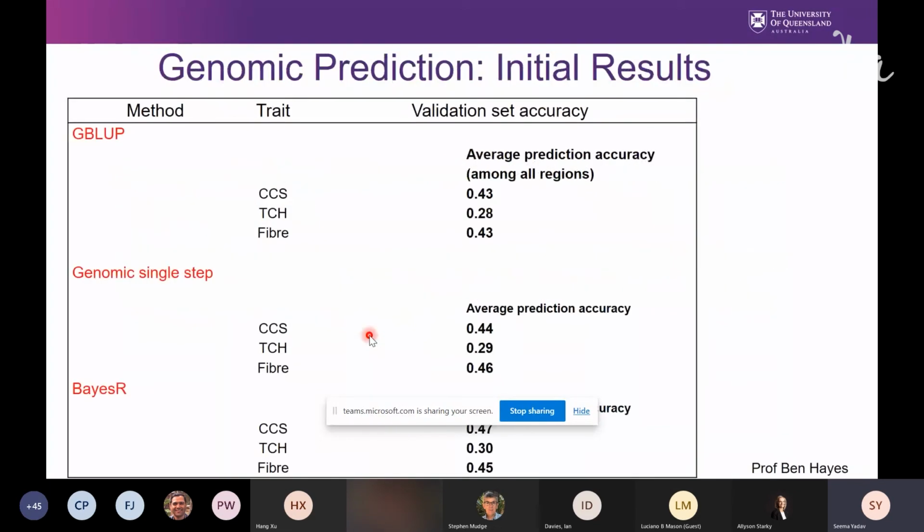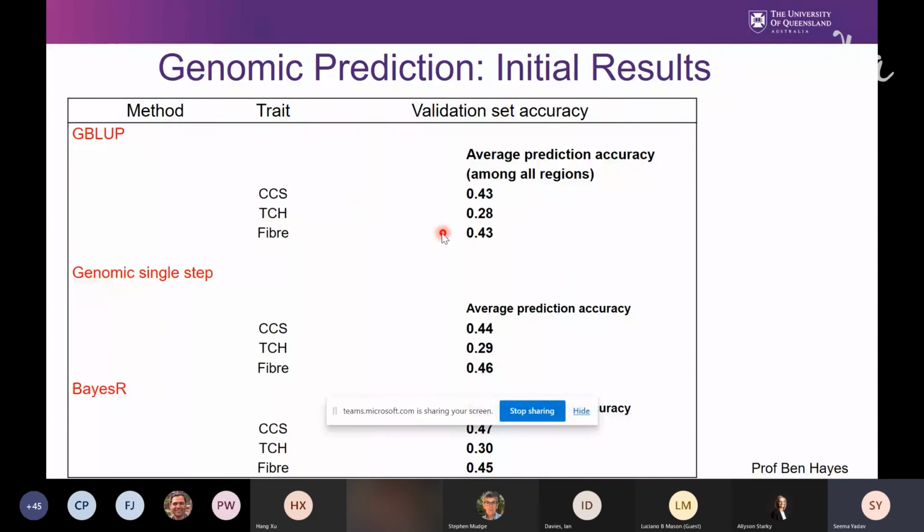In regard to this, Professor Ben Hayes and Kai Voss-Fels did some initial work with additive GBLUP models, using different genomic prediction models which we can easily set up in the sugarcane breeding program. By using these additive models, we can see we have promising genomic prediction, so we can easily apply it in our new complex traits.